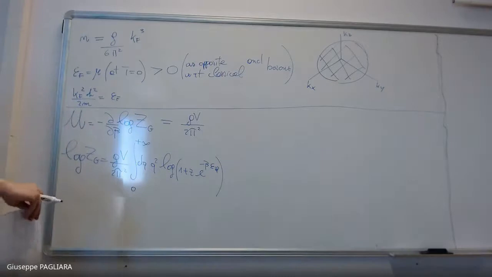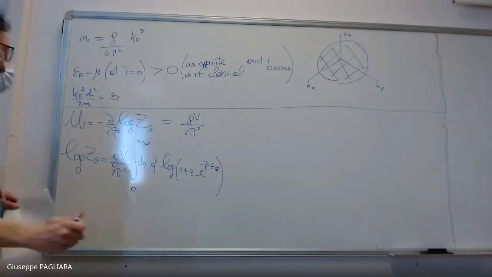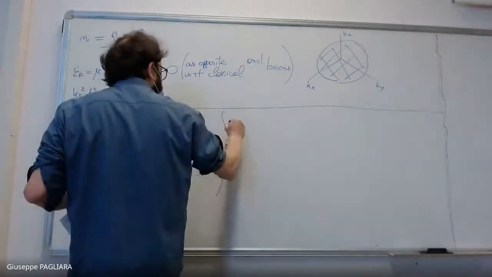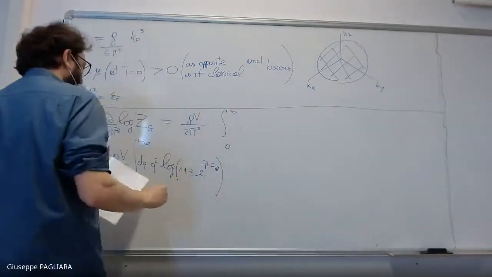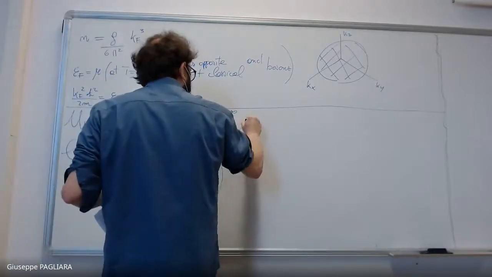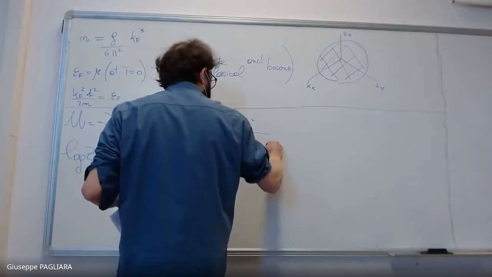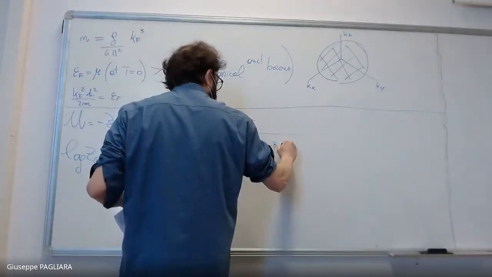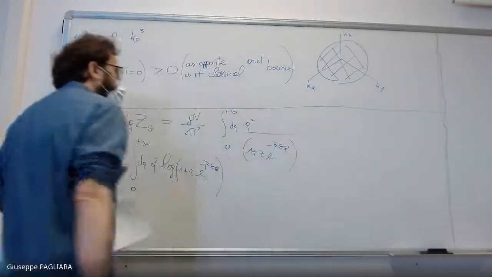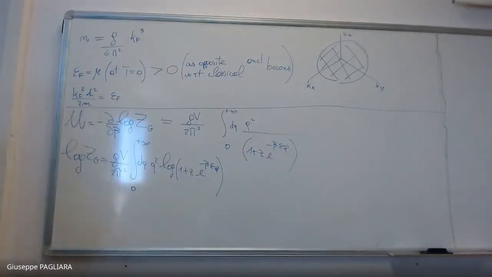Then I have to do the derivative of this quantity with respect to beta. So let me see, I have an integral from 0 to plus infinity dq q squared, here I have log of 1 plus z e to the minus beta epsilon q. I'm deriving with respect to beta.